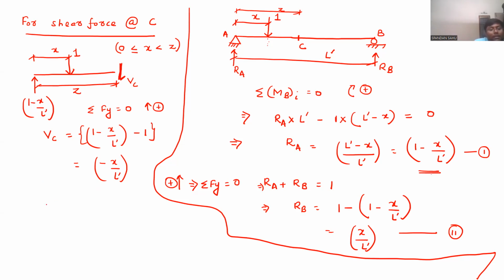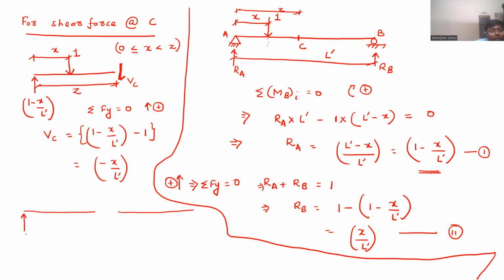So this is the first case. Second case, it will come like this, when your 1 unit load at x surpasses this point C and moves rightward of C. Now it is like this.